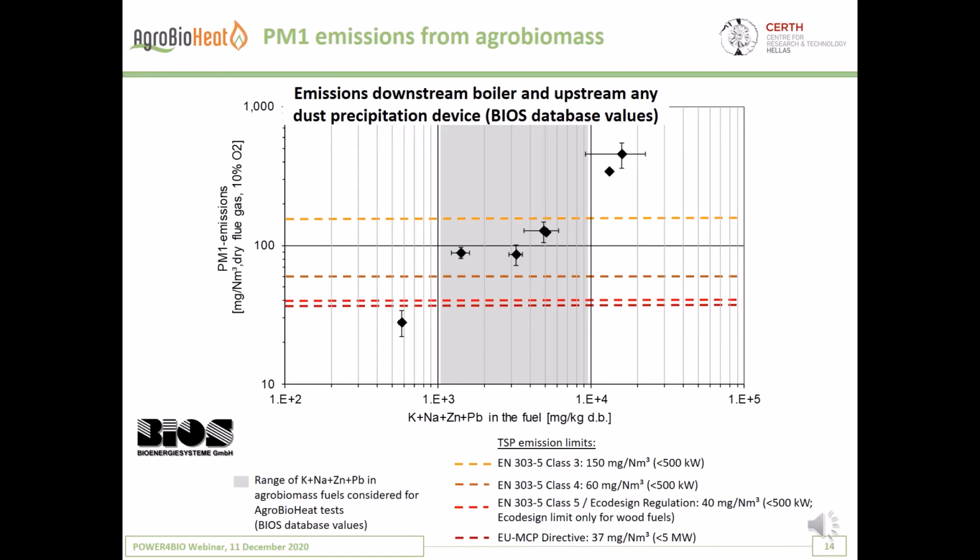Again, these PM emissions, if left unattended, can exceed limits set by the eco design regulation or even the MCP directive in principle, but they can be controlled effectively by dust precipitation devices like ESPs and so on.